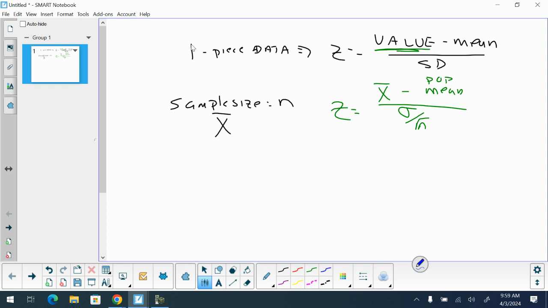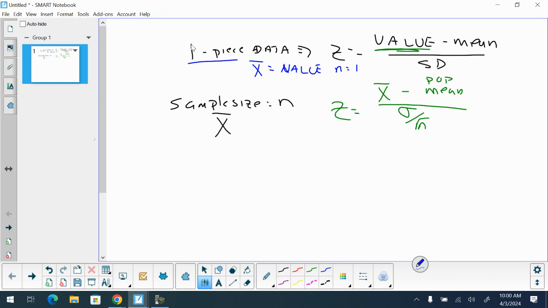And as I talked about yesterday, if you're just talking about one piece of data, this x bar just reduces down to the value. Our n value is 1, so you have the square root of 1, so it just goes away. So you can make a transition in regards to the two different entities here.